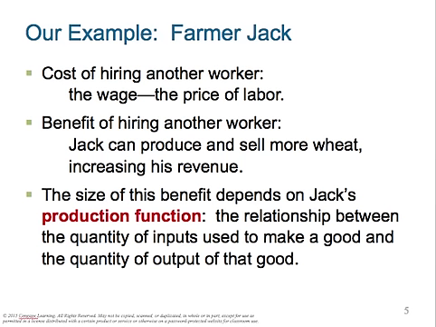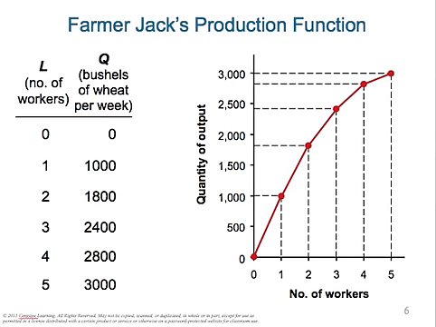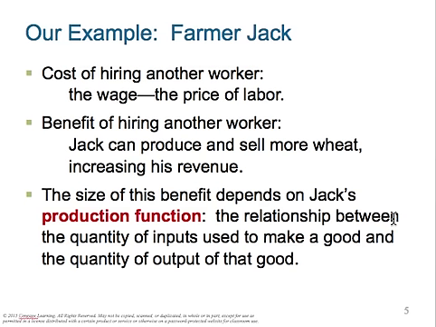The size of this benefit depends on Jack's production function, which is the relationship between the quantity of inputs used to make a good and the quantity of output of that good. Not to be confused with the production possibilities frontier, here is the production function, again, which is the relationship between the quantity of inputs used to make a good and the quantity of output of that good.